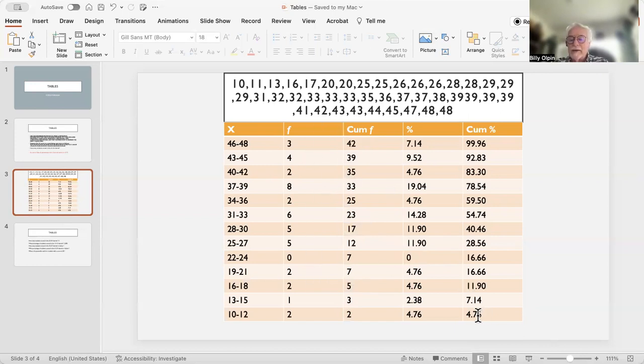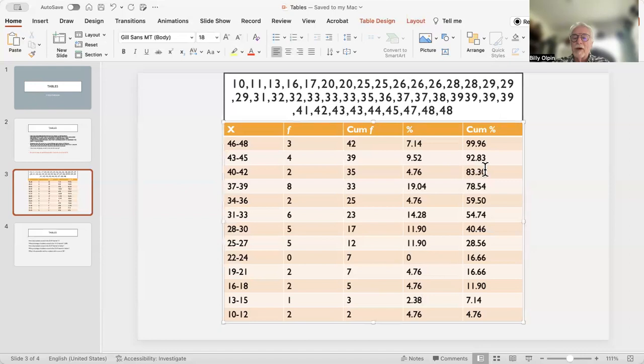I'm going to start here, and I'm going to crosswalk and add the 4.76 plus 2.38. These are all percentages. I just didn't put the sign there again. 4.76 plus 2.38 is 7.14, plus 4.76 is 11.90, plus 4.76, 16.66 plus 0, 16, etc. And I crosswalk this all the way to the top.